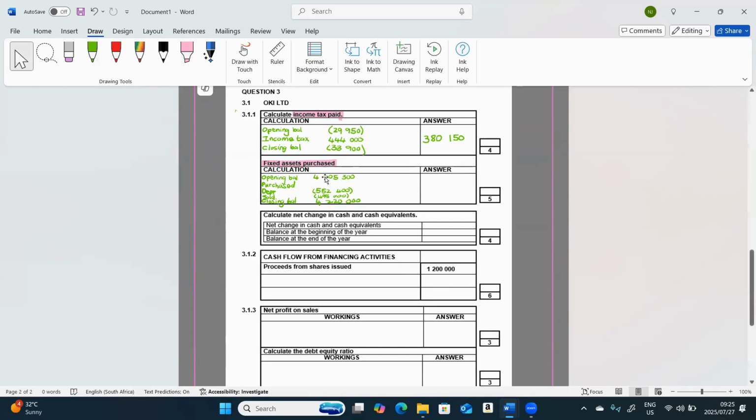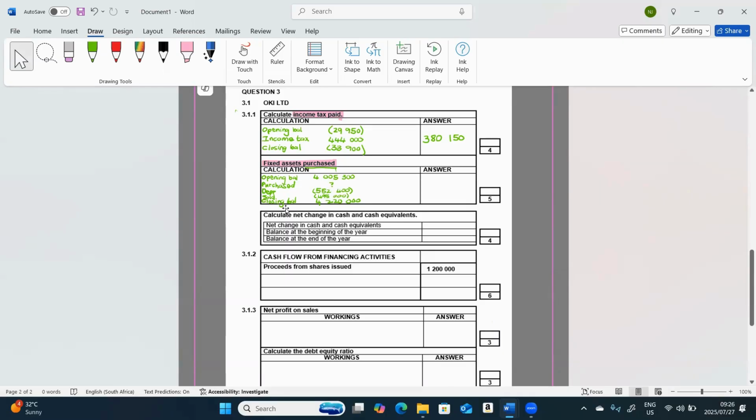So there we have all of our information, guys. Our opening carrying value plus purchases minus sold minus depreciation gives you your closing balance. So can you see that they want the fixed assets purchased, right? So the question mark will be there, and then you're going to have to calculate the balancing figure, which will then be your purchases. So once again, you are going to be calculating this missing amount over here.